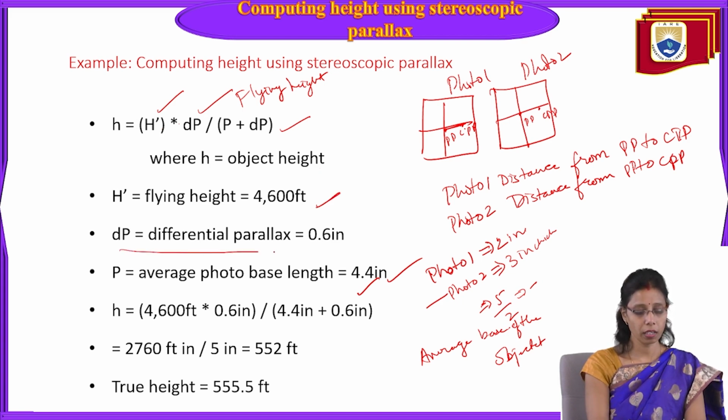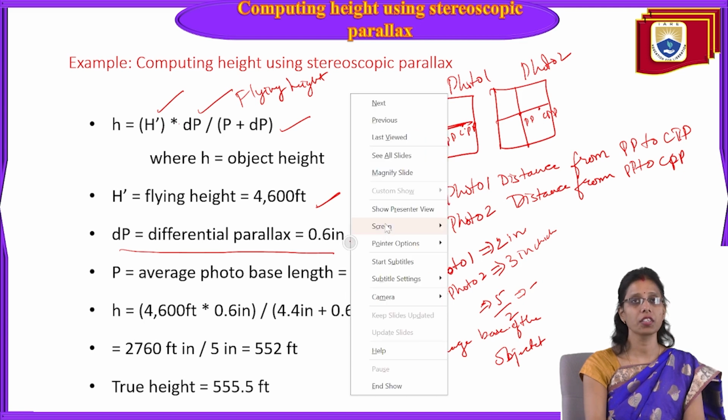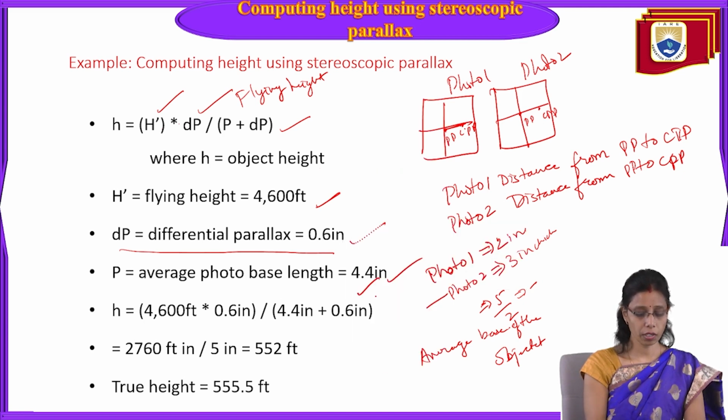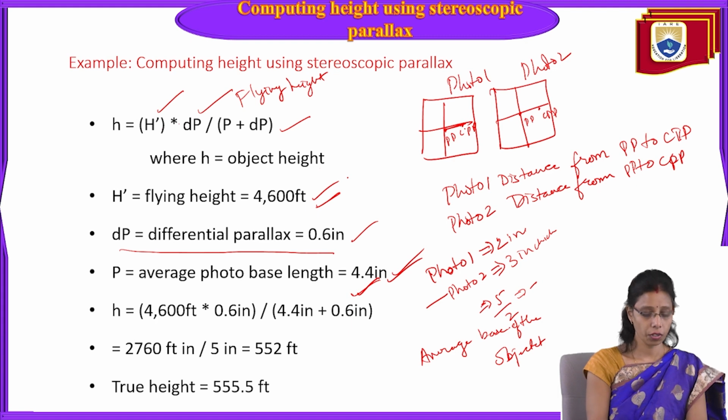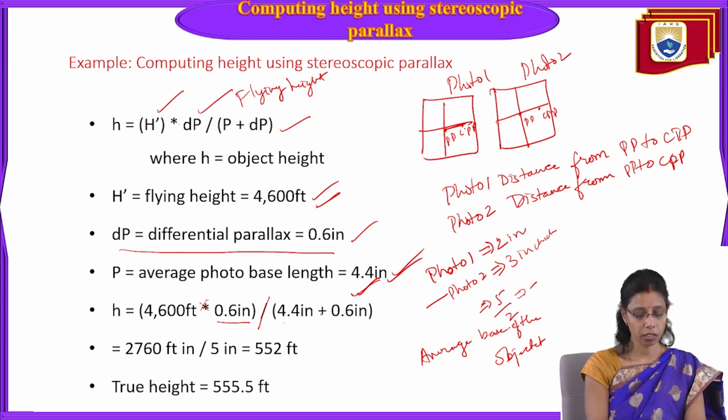Now the differential parallax we got is 0.6 inches and the average photo base length we have is 4.4 inches. These two we have in inches, this we have in feet. Now we just put in this formula: h is equal to 4,600 feet into 0.6 inches by 4.4 inches plus 0.6 inches.